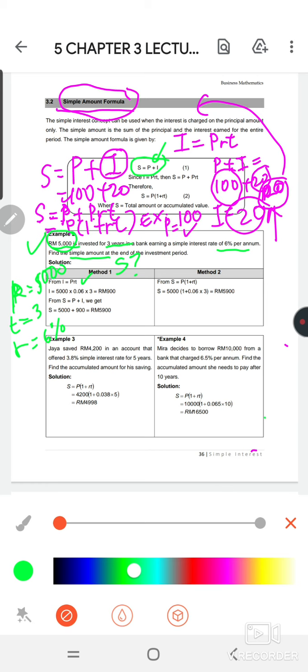So you directly get P is 5,000, 1 plus your R is 0.06 and your T is 3. After you calculate this, you will get 5,900. So you still get the same answer. You can use either method 1 or method 2. Okay, next try to solve example 3 and example 4.